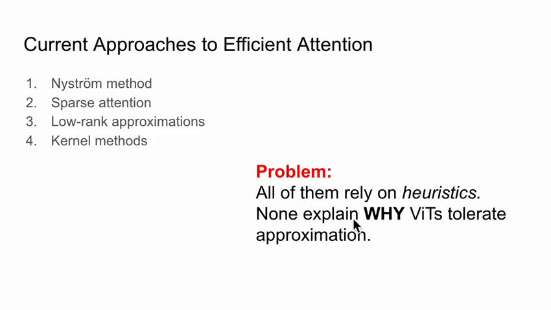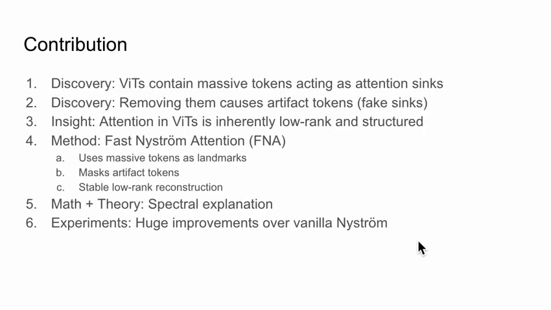This paper flips the theory. Instead of designing the approximation first, it looks inside the ViTs and discovers concrete structural patterns, and then designs an approximation based on those patterns.